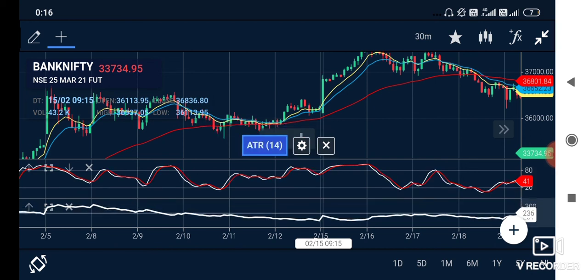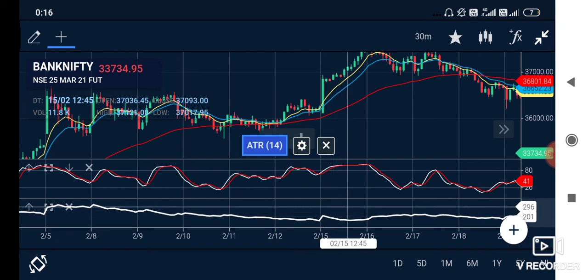The ATR that you're looking for is 208 points. 200 points is what we can consider. So 36,836, we are looking for 37,036, and we meet it right on this candle. The high for this candle is 36,068. We hit the target. It's 9 profitable trades and 1 loss making trade from this entire strategy.